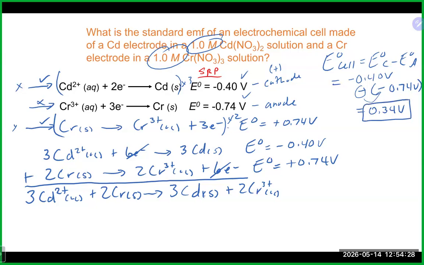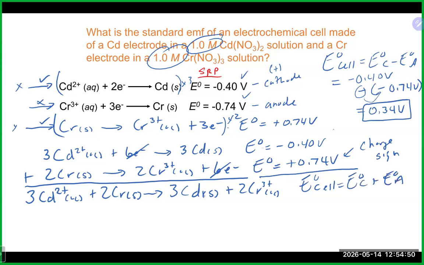So if I was just looking to calculate the E of the cell, I'm not going to change the value here if I'm subtracting. Now, if you wanted to change the sign like we did down here, because I did change the sign, I could calculate my E of the cell by adding those two together, E of the cathode plus E of the anode.